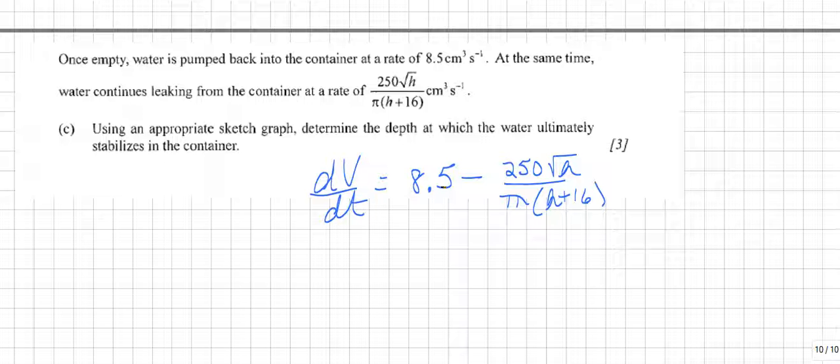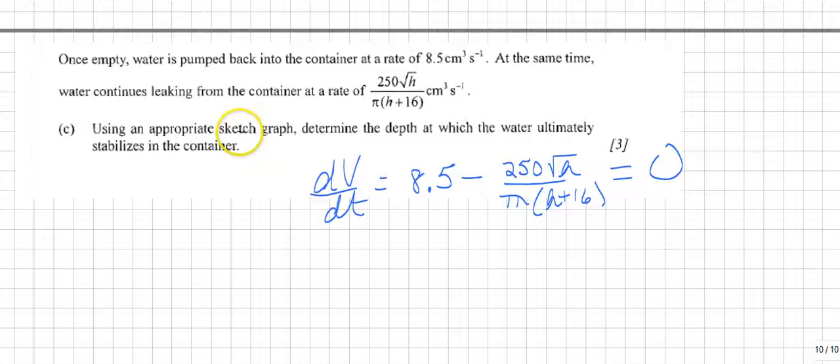So it's going to reach a point at a certain height, since the container flares out, where the water going in and the water flowing out neutralize each other. So we want to set this equal to 0.